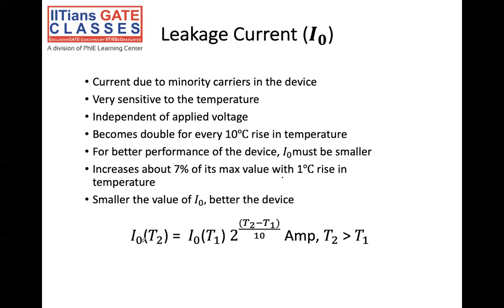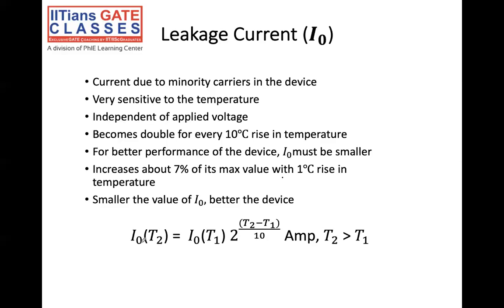So the current which is due to the minority carriers, that is the leakage current. So in semiconductor devices also, we have leakage current, and it is mainly present in the reverse biasing of the device. We'll understand this later.